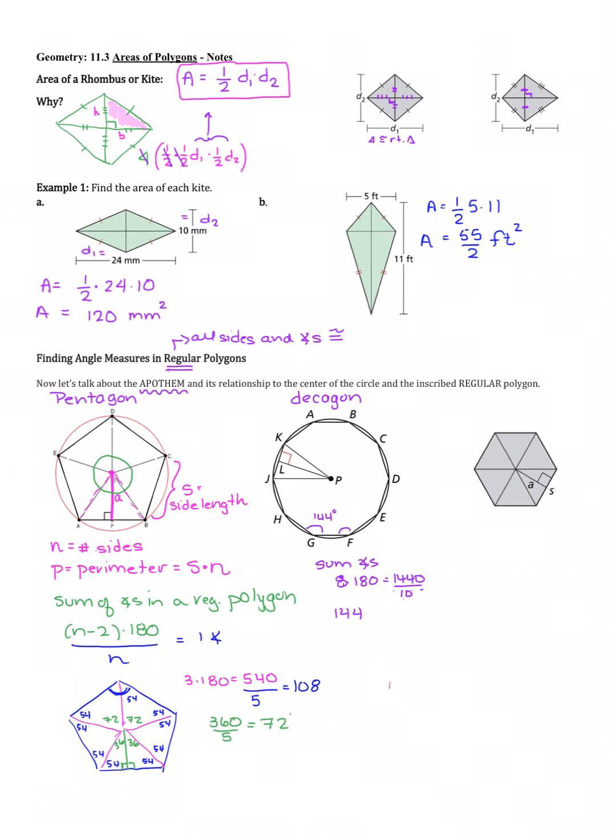Now when you draw the triangle, it cuts that 144 in half, so this now is going to be 72. This is 90. And the full central angle is 360 divided by 10, which is 36. But when you drop the apothem, each little angle in the half triangle will be 18.